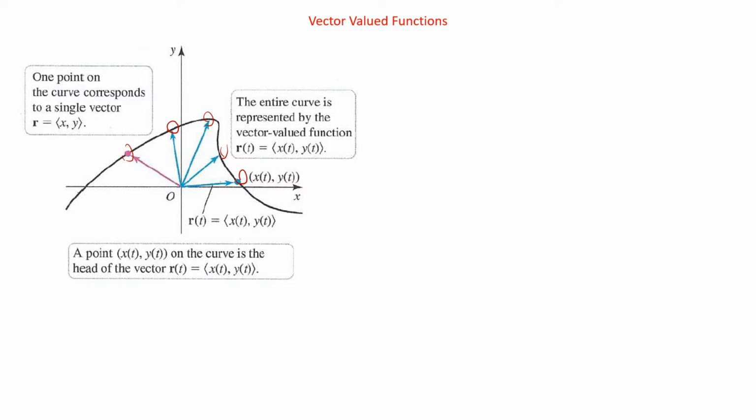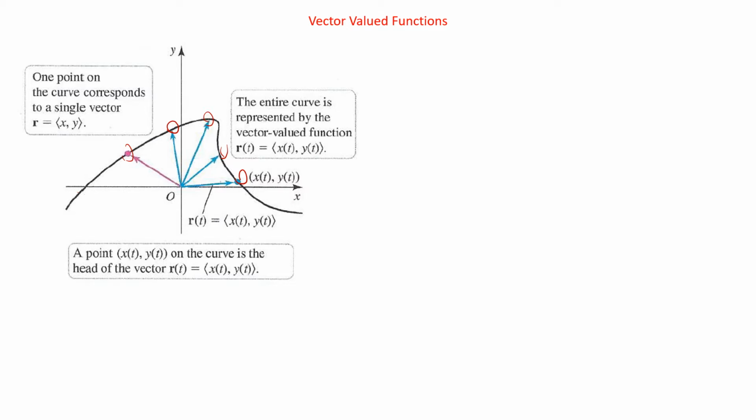We're using a vector, which, as opposed to an angle, is basically a slope. So we're using a slope and a radius, or magnitude for a vector, to describe where the point is at any given point.